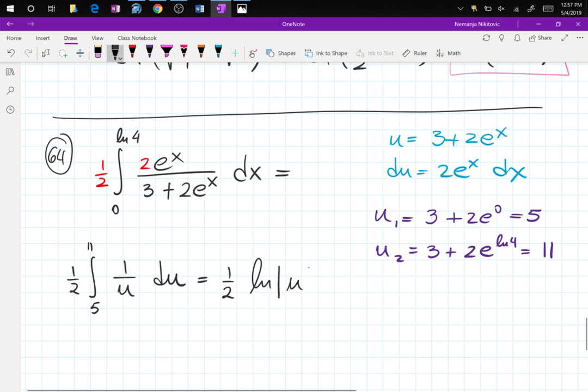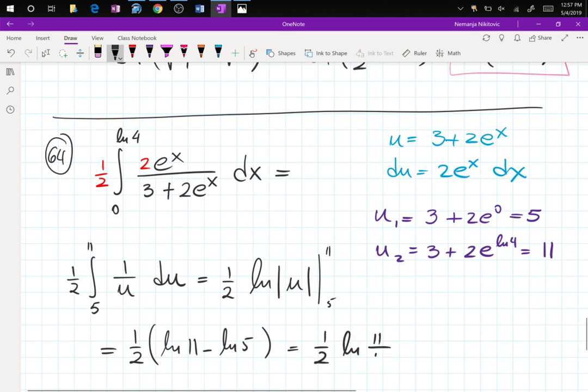Yeah, ln of u calculated from 5 to 11. So it's gonna be 1/2 ln 11 minus ln 5. And now if you want to be a boss, you put that in a single ln 11 over 5. And that's that.